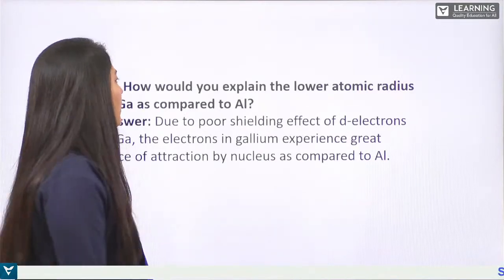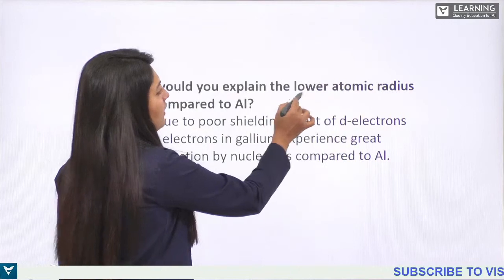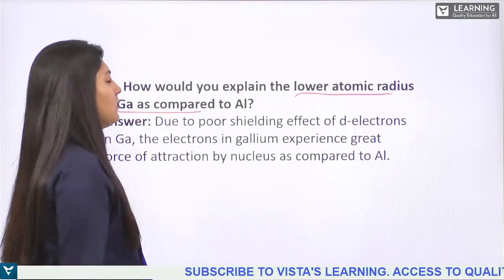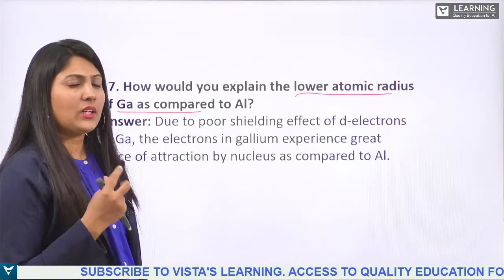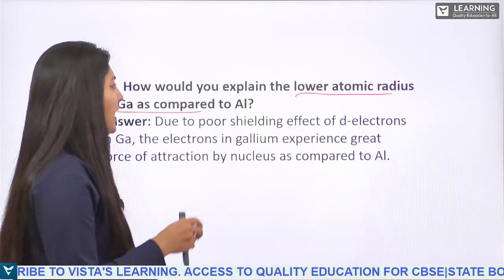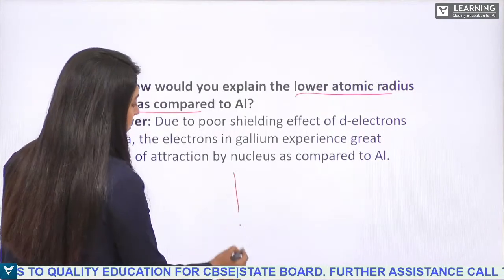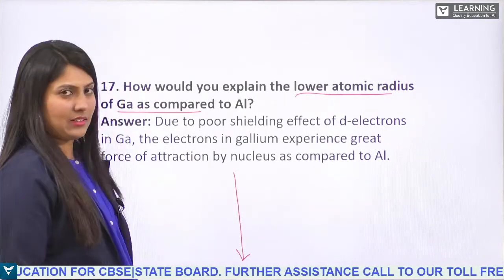Next question. How do you explain the lower atomic radius of gallium as compared to that of aluminium? We know down the group what happens? The size increases.